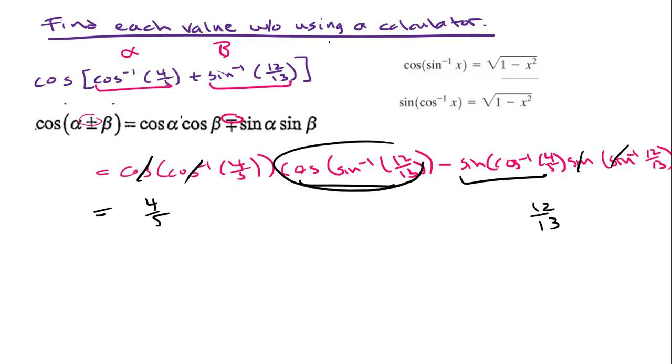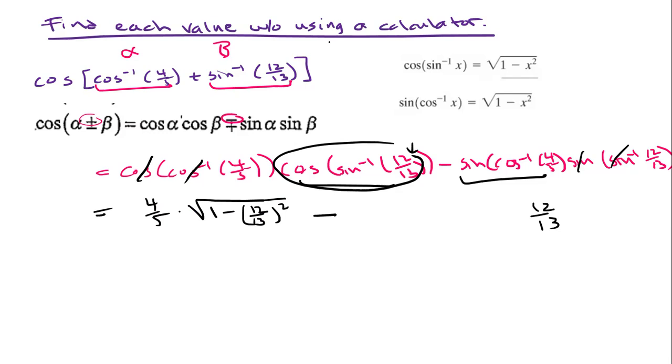So we're going to rewrite that as the square root of 1 minus our x, which is 12 over 13, squared. All right. So then we have our minus in the middle.